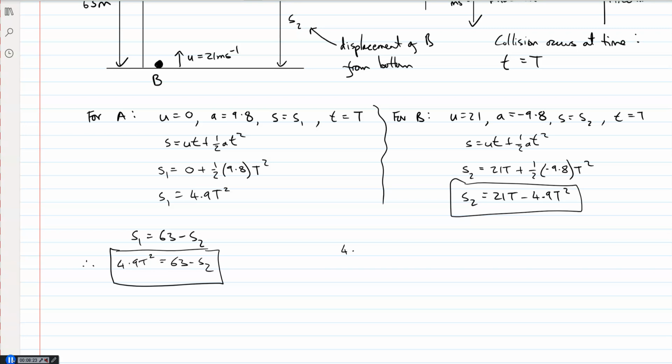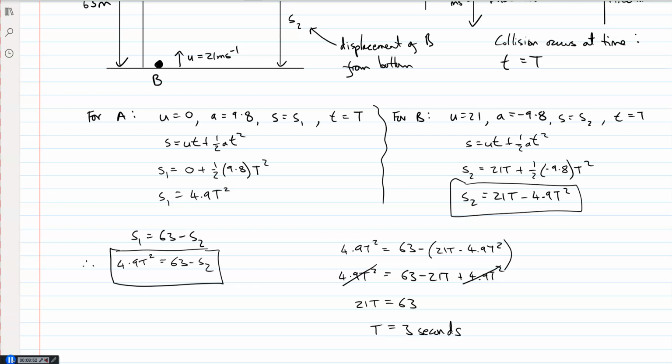So 4.9 T squared equals 63 minus S2, which is 21T minus 4.9 T squared. So 4.9 T squared equals 63 minus 21T plus 4.9 T squared. The 4.9 T squares will cancel on both sides, so I'll just get 21T is 63, so T is 3 seconds. So the balls collide after 3 seconds.